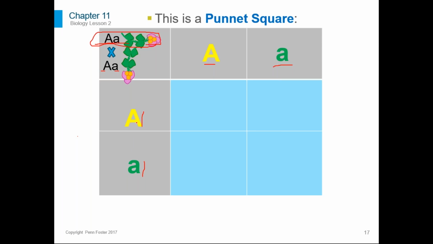Simply write the allele from the top of the column in all the squares in that column, and then write the allele at the left of each row in every square in that row. And now you're done. And this is every possible combination of alleles that could happen in the offspring of these two plants.